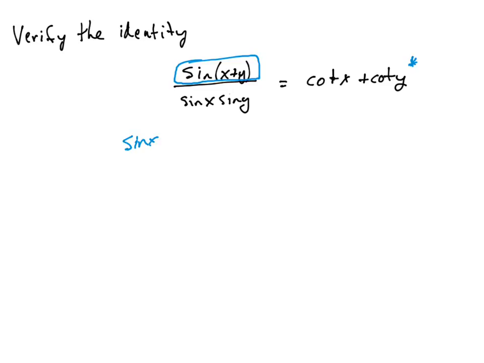So sine of the first, cosine of the second, plus sine of the second, cosine of the first, divided by sine x, sine y. I'm not going to do anything yet to the right hand side.